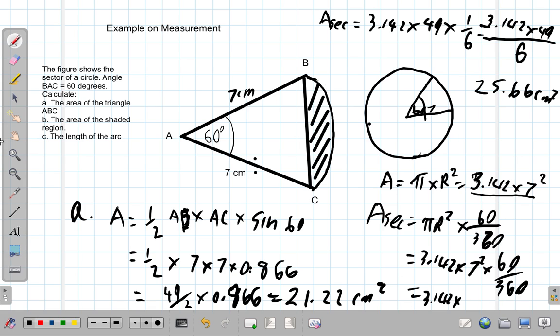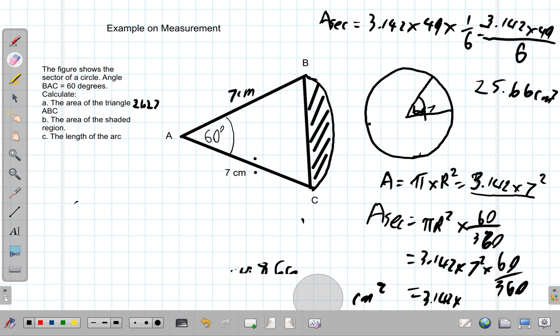Let's erase some of this because we need space. Before we erase, let's write the area of the triangle up here first. The area of the triangle was 21.22. The area of the sector is 25.66.